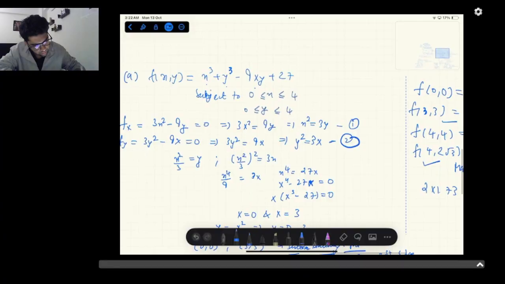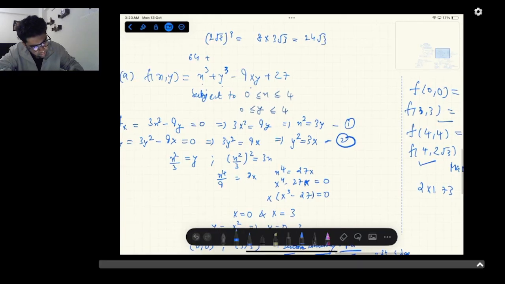So if I just put in 4, this gives me 64, and this gives me 2 root 3. The cube of 2 root 3 will be 2 cube is 8, and then this will become 3 root 3, right? So root 3 into root 3 and 3, so this becomes 24 root 3, right?